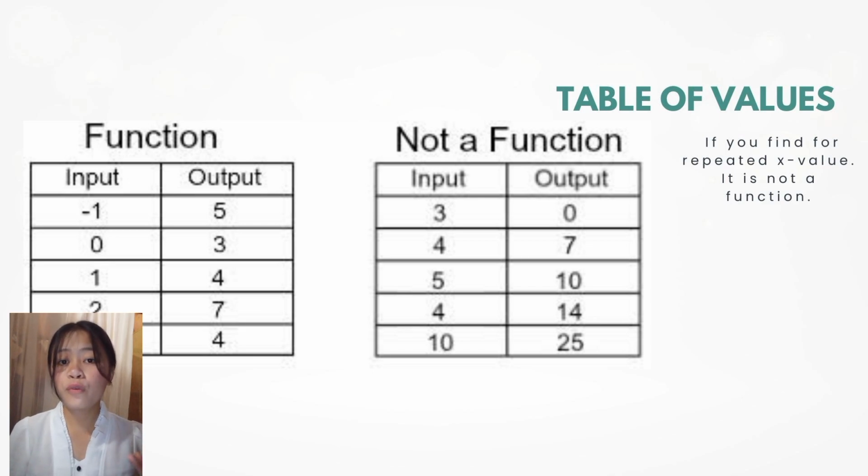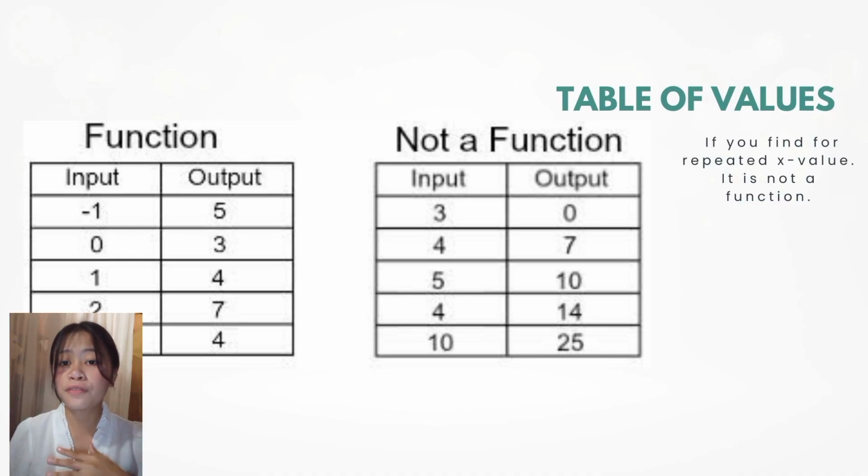So, if we examine the input set 3, 4, 5, and 10, we see that the input value 4 is repeated, and the first instance of 4 yields an output of 7, and the second instance of 4 yields a different output of 14. Right? So this shows a one-to-many relationship where a single input 4 is associated with two different outputs, that is 7 and 14.